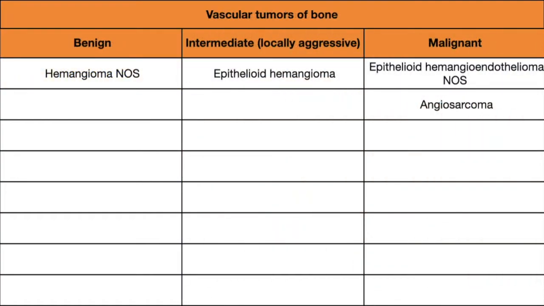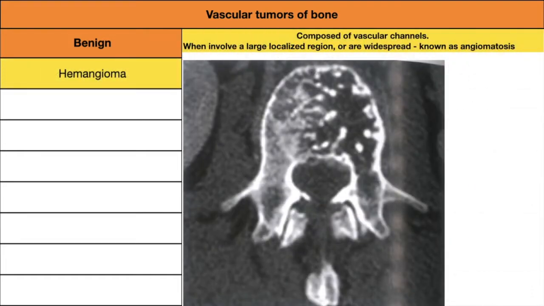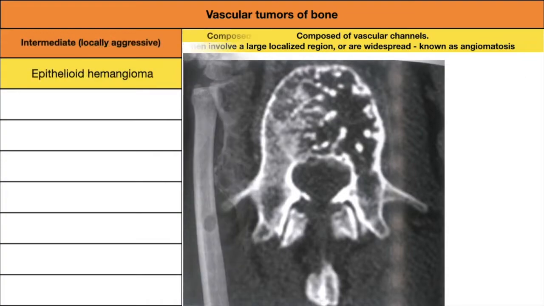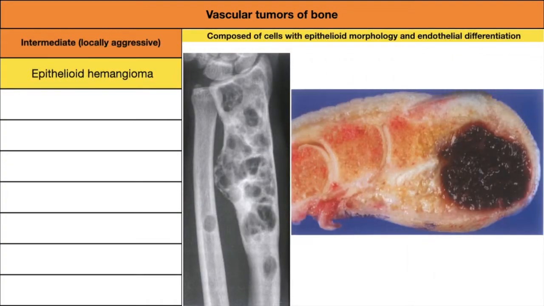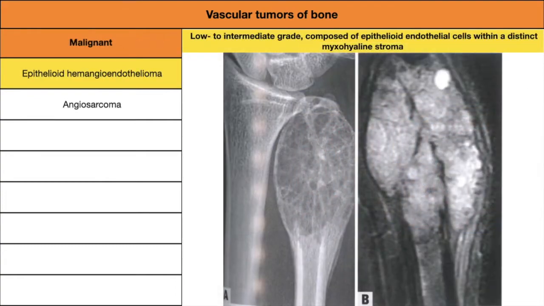Then the vascular tumors of the bone include benign, locally aggressive and malignant tumors. In the benign category, we have hemangioma. They are composed of vascular channels. When involving a large localized region and widespread, they are known as angiomatosis. Then we have epithelioid hemangioma, which is a locally aggressive vascular tumor of the bone composed of cells with epithelioid morphology and endothelial differentiation.